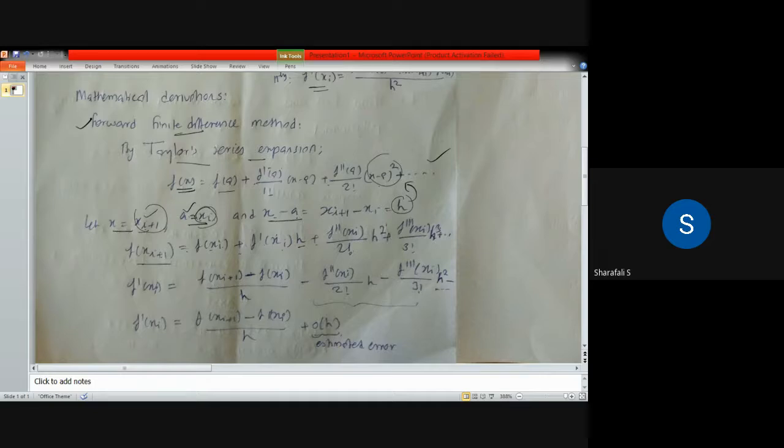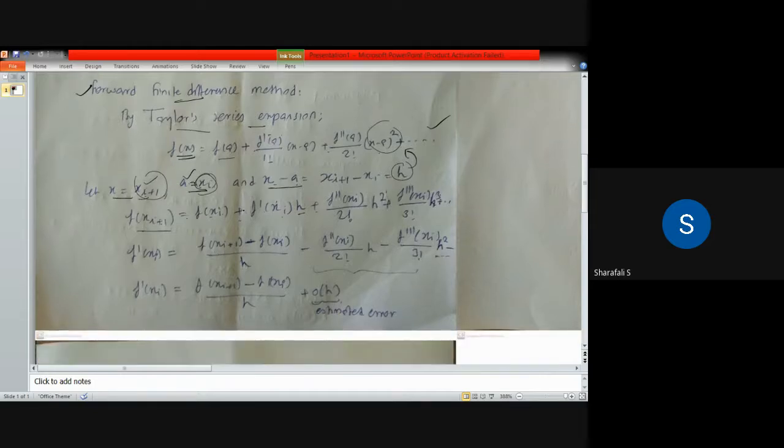Now if you consider this Taylor series expansion and take this f dash of xi alone, I can write it as f of xi plus 1 minus f of xi, taking this to the other side, divided by h. You take this h to the other side, keeping f dash of xi on this side.